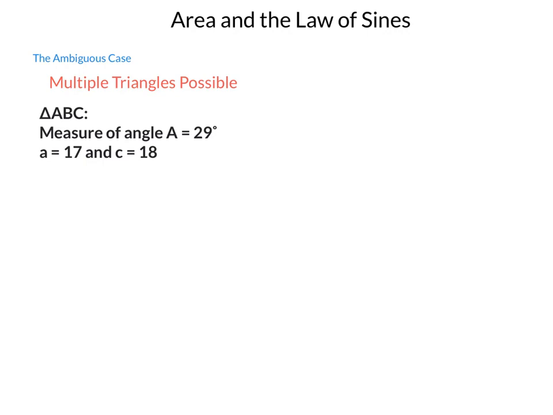Okay, so I'm going to say that the sine of angle C over 18 equals the sine of angle A, which is 29 degrees, over that side length of 17.